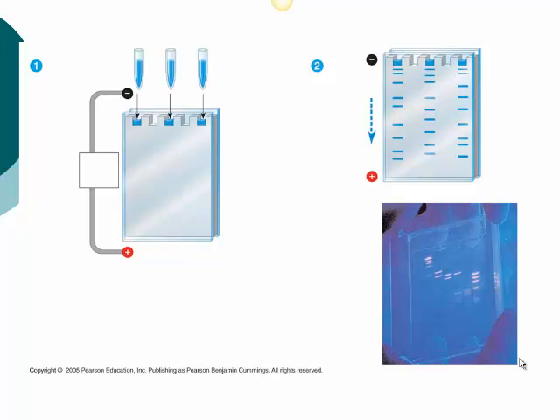And so if you look at figure 2, you'll notice that there's a bunch of different size pieces. The larger pieces do not move as far during the same amount of time, and they will all move from the negative end to the positive end, because the DNA is negatively charged and it is attracted to the positive end. And then we can look at it with the UV light.